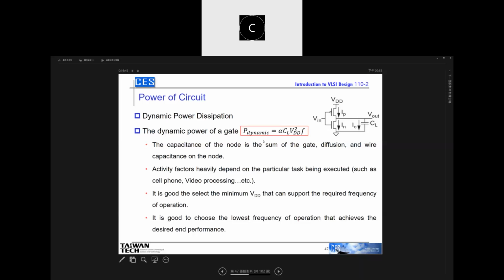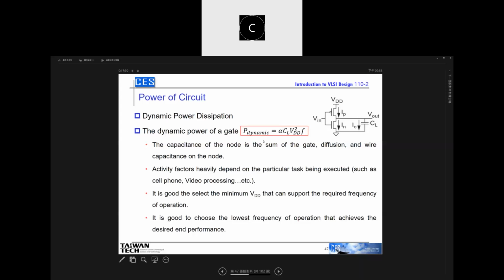Okay, so that's how you decide on your frequency. That's one of the reasons why, for handheld devices like your cell phone, the operating frequency is usually lower than for stationary devices like your PC. The CPU or processor used in your personal computer usually operates at a higher frequency than the CPU used in your cell phone, mainly because of the power consumption issue.